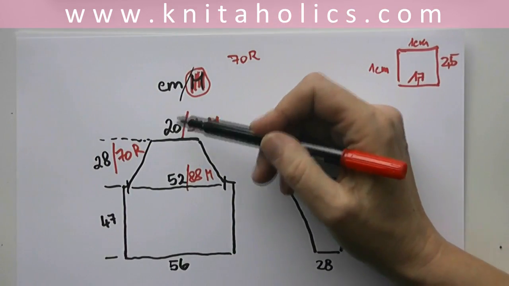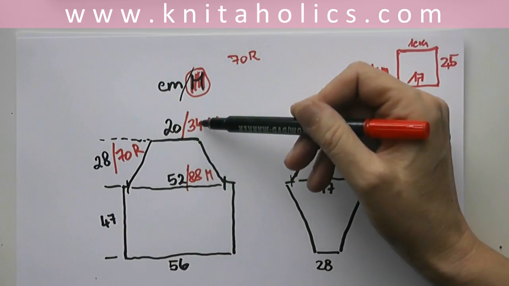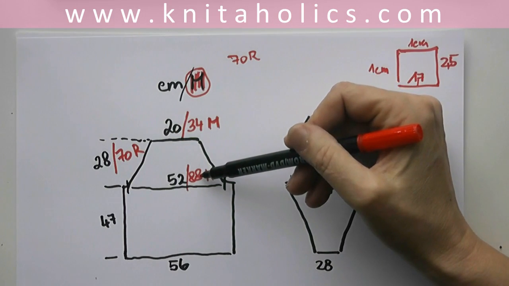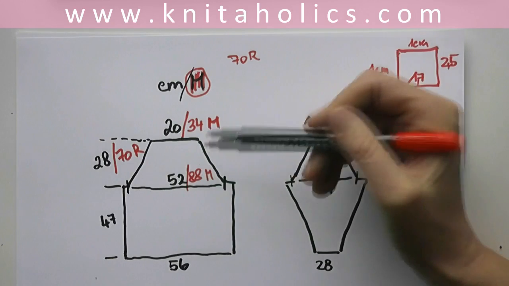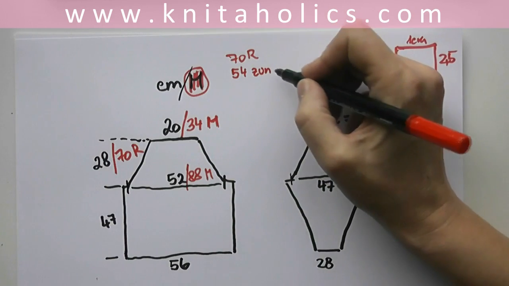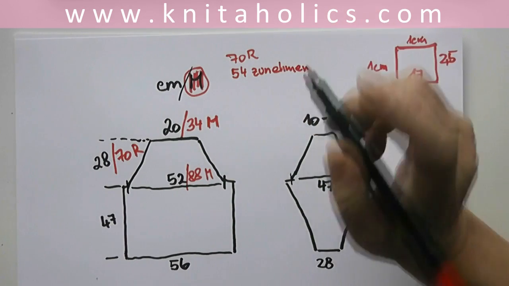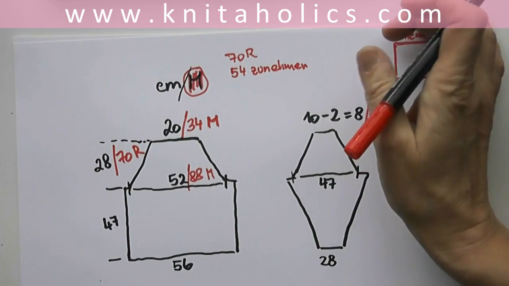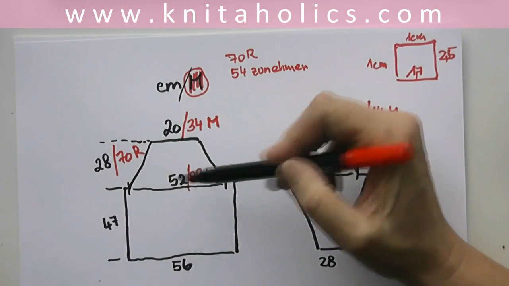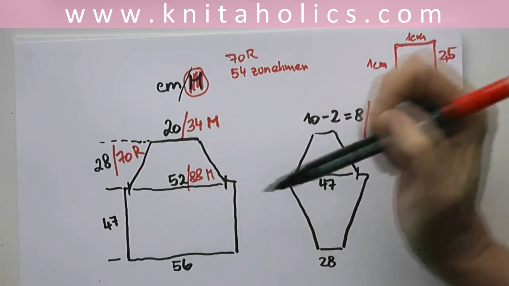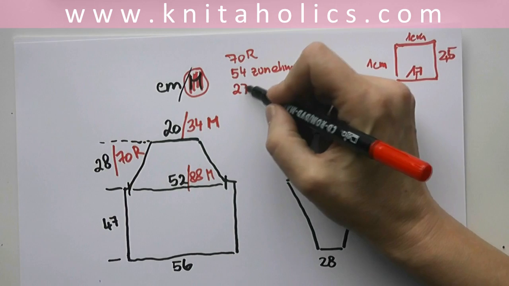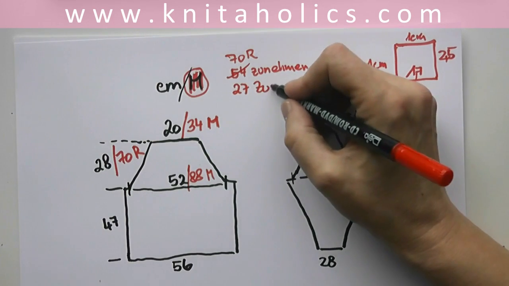So over 70 rounds we have to increase the difference between the top and the chest part. So we have to increase 54 stitches over 70 rounds. But we are increasing on both sides, left and right, which means we only need half of the increases. That means we need 27 increases over 70 rounds.